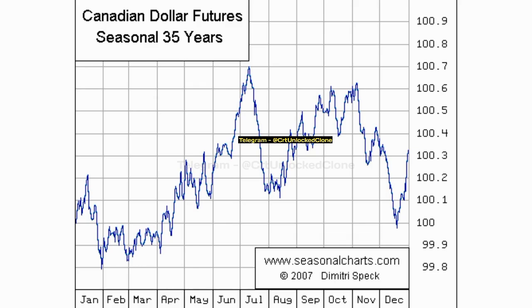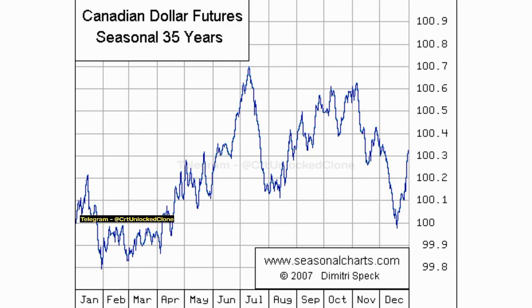This seasonal tendency chart that you see is of the Canadian futures chart, which is different from the Canadian dollar forex pair, the USD CAD. They're both different. They are inverted of each other, because here you're trading with the Canadian dollar, but on the USD CAD forex pair you're trading against it because you've got the USD in it as well.